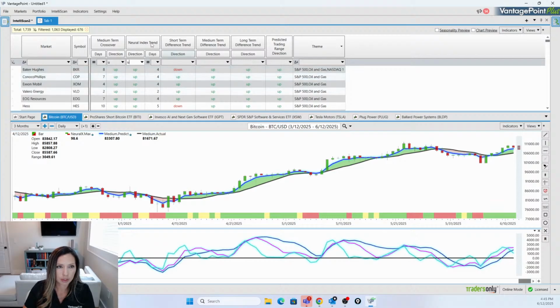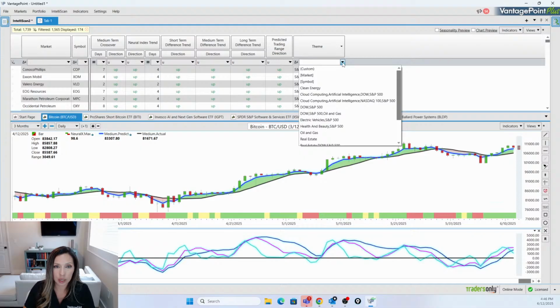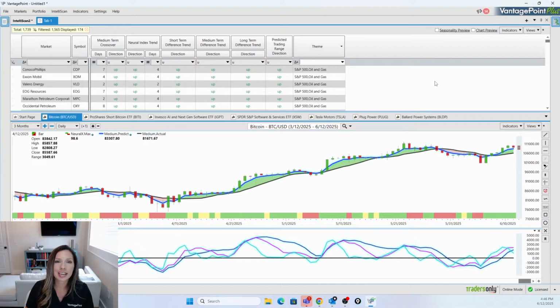Just put an up, right? Just use the drop down. It's as simple as this, and we can actually filter down. Now take a look. We're looking at almost 1,800 different stocks here and identifying those areas of the market. You could also filter on theme if you wanted oil or clean energy. We can use these drop downs to further filter things down to find opportunities that are going to be ideal for you as the trader.